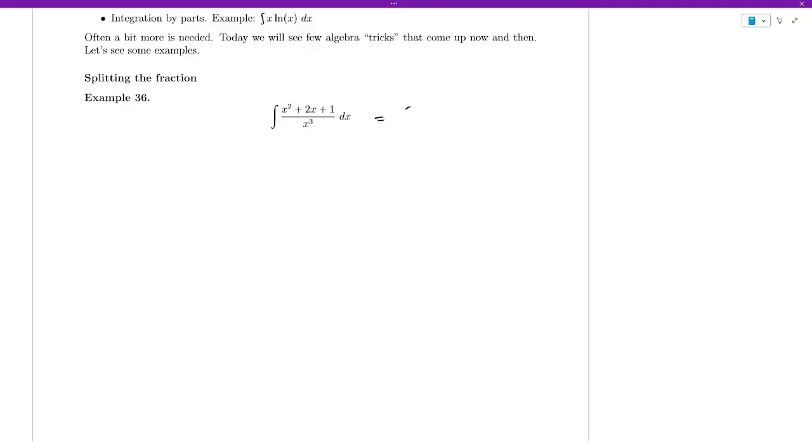So this is the same thing as the integral of x squared over x cubed plus 2x over x cubed plus 1 over x cubed. So I can always split the fraction up like that. It's very often a good idea to do that, especially if each of these individually are things that you have an easier time doing the integral of.